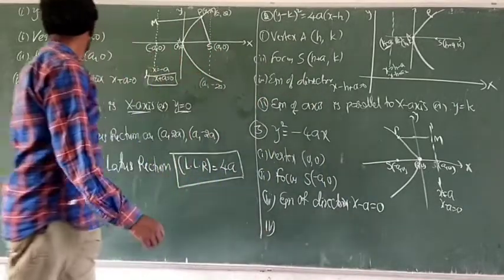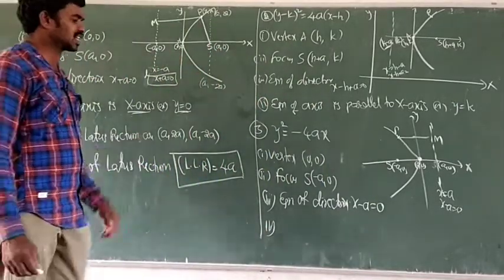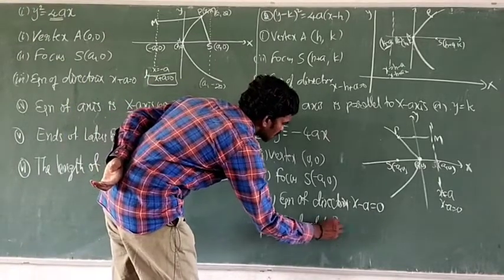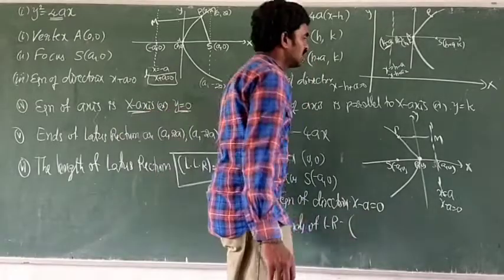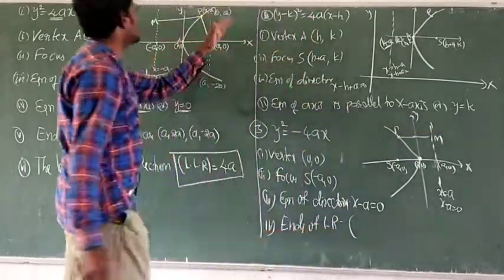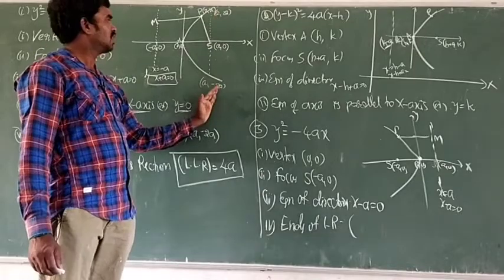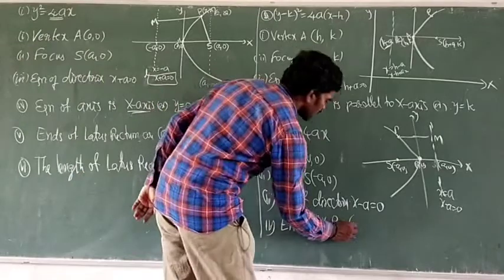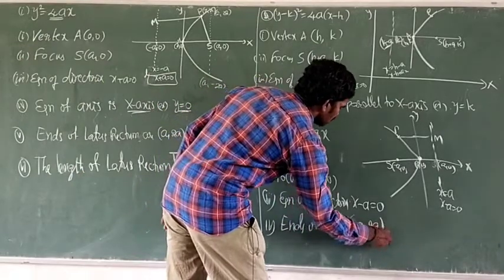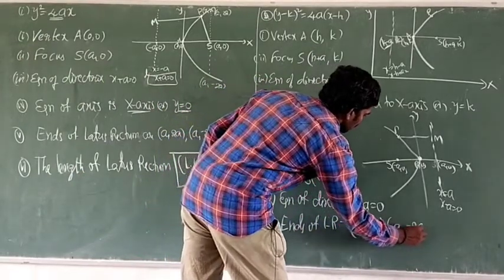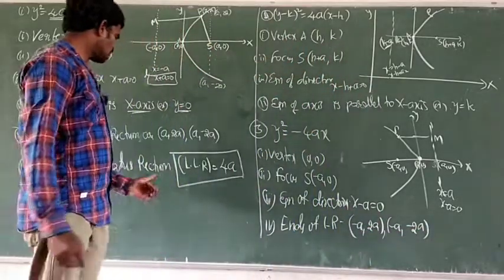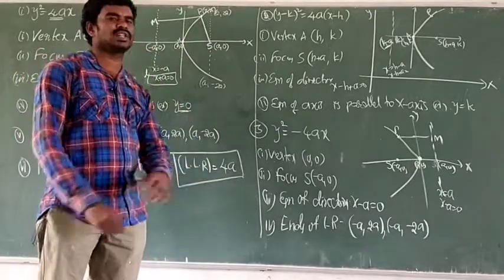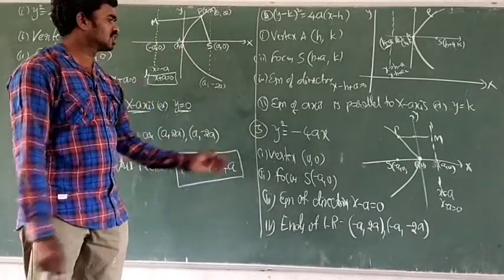Fourth one, ends of lattice rectum. On the right side the points are (a, 2a) and (a, -2a). Whenever it goes to the left side, it becomes (-a, 2a) and (-a, -2a). What is the length of lattice rectum? 4a. In each and every problem, the length of lattice rectum is 4a. So this is the third one.